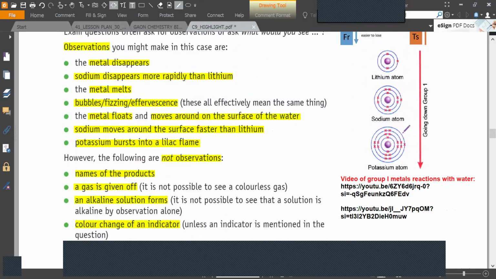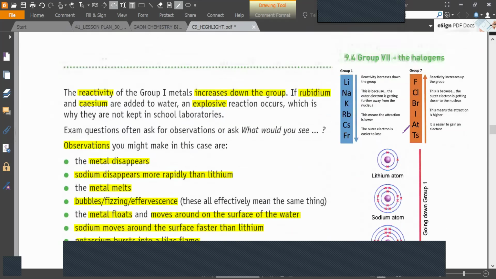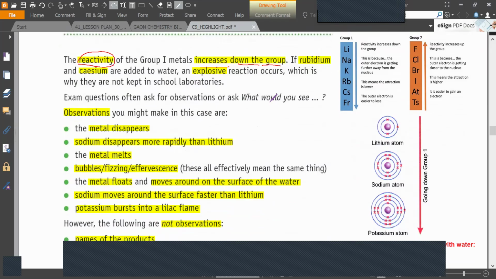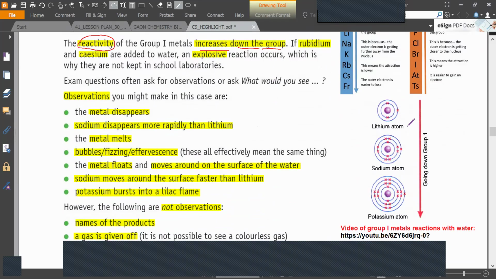Another thing we need to know about is reactivity. Reactivity increases down the group. As we go down the group from lithium, sodium, potassium, it becomes more reactive.